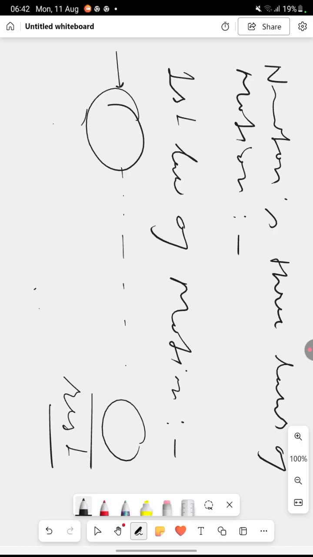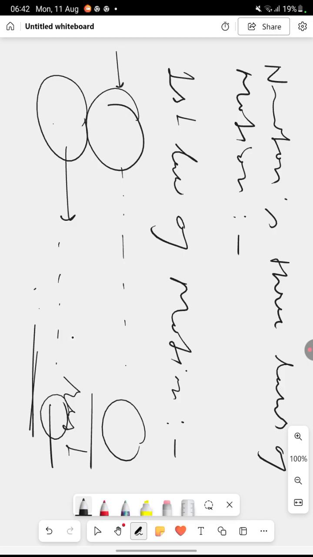When an object is moving, it covers some distance and it stops. This happens because of the force of friction that comes into play when it is moving. It is in contact with the surface.